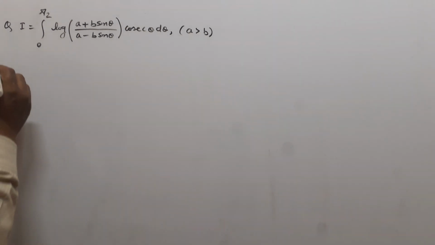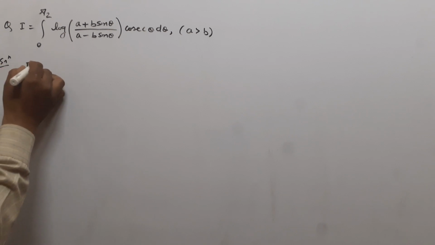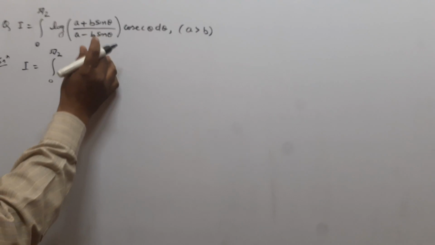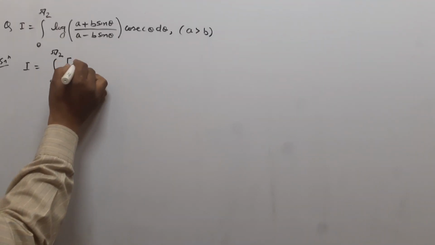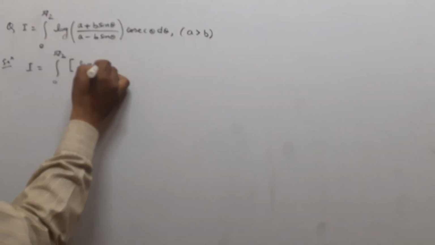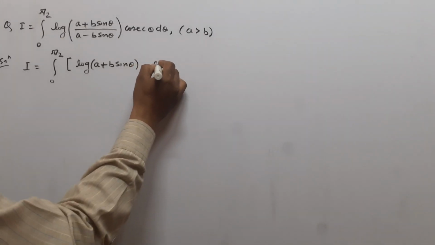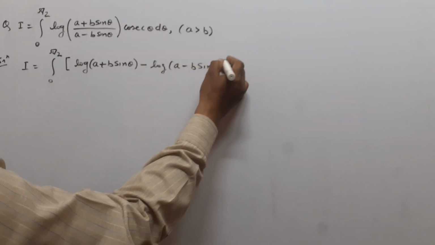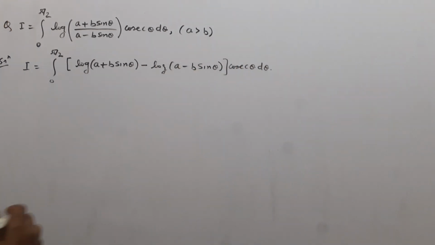So first we use the property of logarithms. We know that log of (a plus b sin theta) upon (a minus b sin theta) can be written as log (a plus b sin theta) minus log (a minus b sin theta), multiplied by cosec theta d theta.